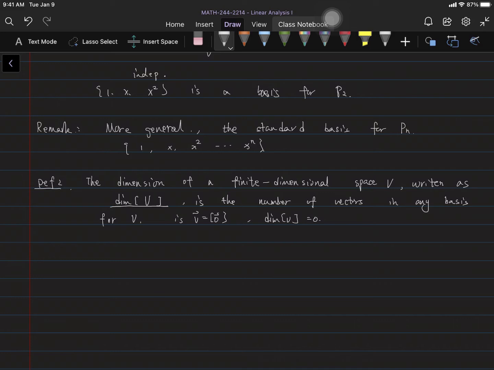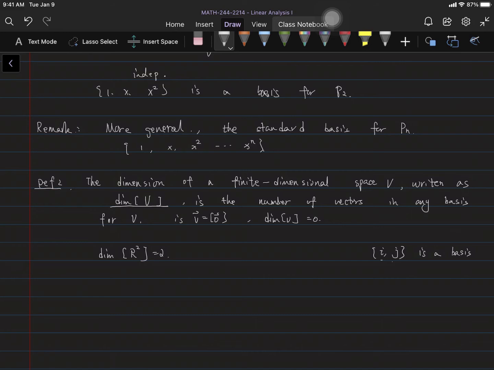Let's take a look at what's the dimension for R2. For R2, we know the standard basis is i, j. So how many vectors? 2 vectors. That's why we always call it two-dimensional space.